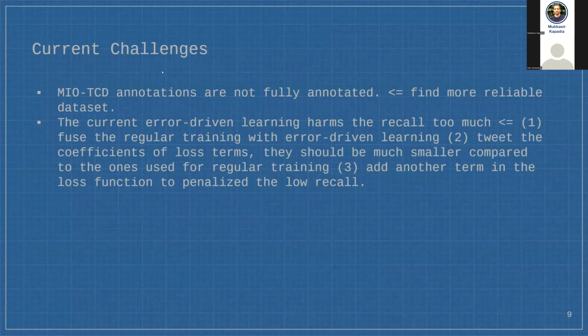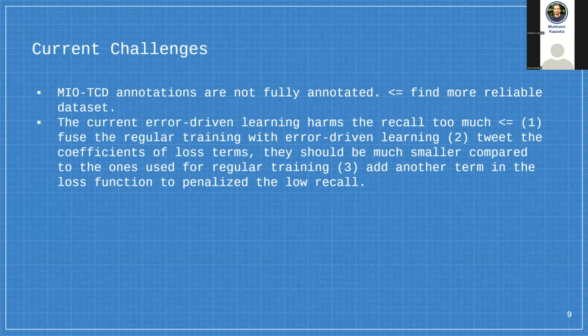And so the current challenges we are facing are, firstly, I think the MOTTC annotations are not fully annotated. There are many small objects that are not annotated, but could be detected as objects of interest using the weights we fine-tuned. So those are not actually false localizations, but because they were not annotated in the ground truth labels, we detect them as false localizations, and those are also used to retrain the model.